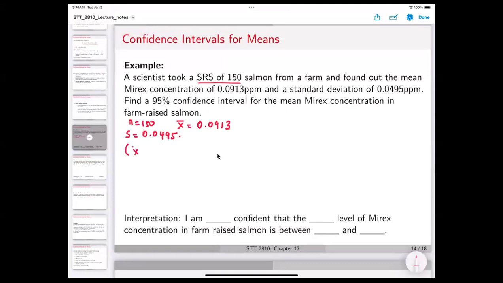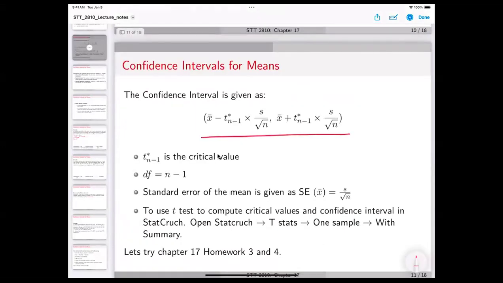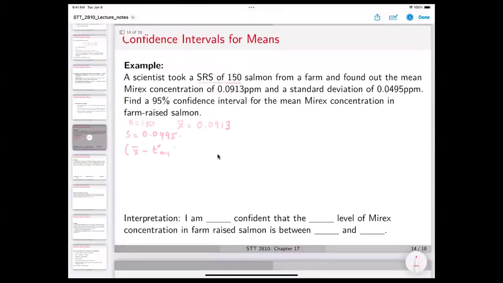So I have X bar minus t star, n minus 1, times s divided by root n. X bar minus t star, n minus 1, here is plus, times s divided by root n.